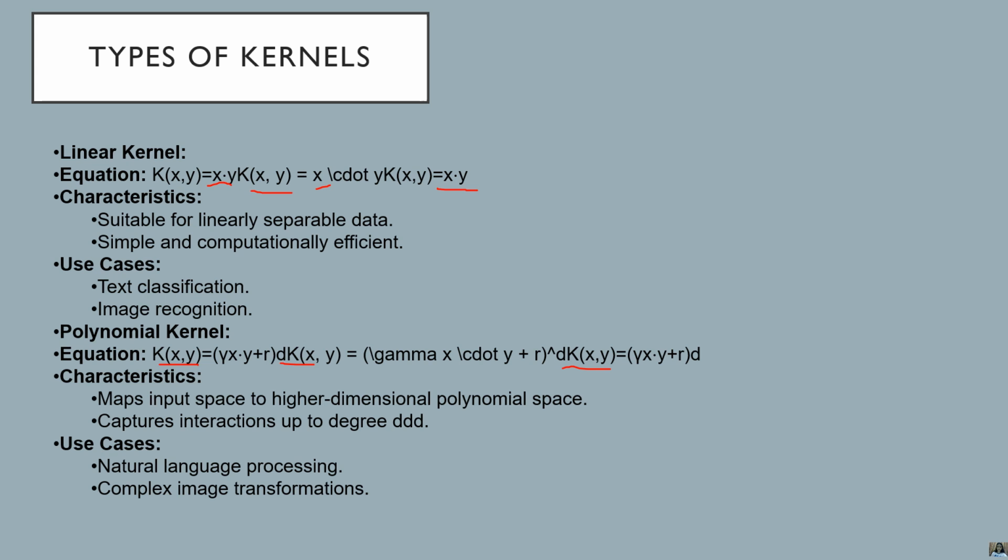Now the characteristics of this polynomial kernel: it maps the input space to a higher dimensional polynomial space and captures interactions up to the degree d. The use cases are natural language processing and complex image transformation.